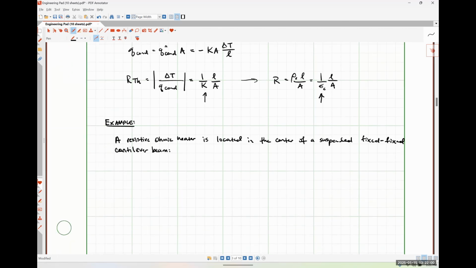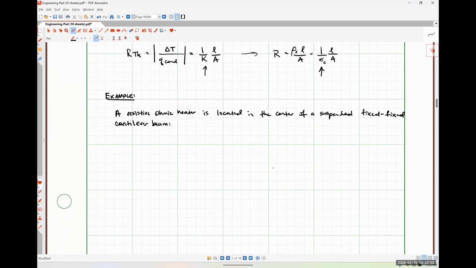So that might look something like this. So as a top view of this overall profile.